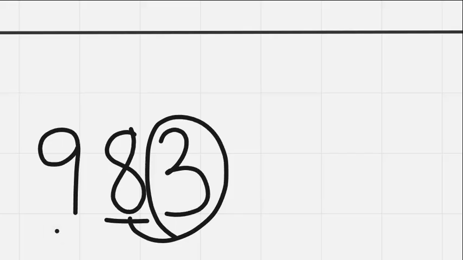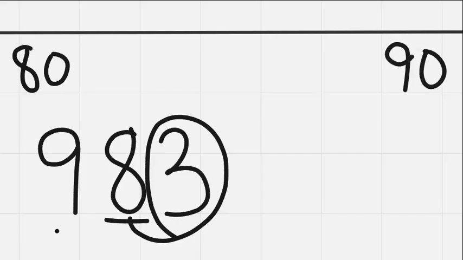The 9. 83 can round to two different numbers. Write down those two numbers. 83 can round to either 80 or 90. 80 will be 0 to 4, 90 will be 5 to 9. We have a 3 here.